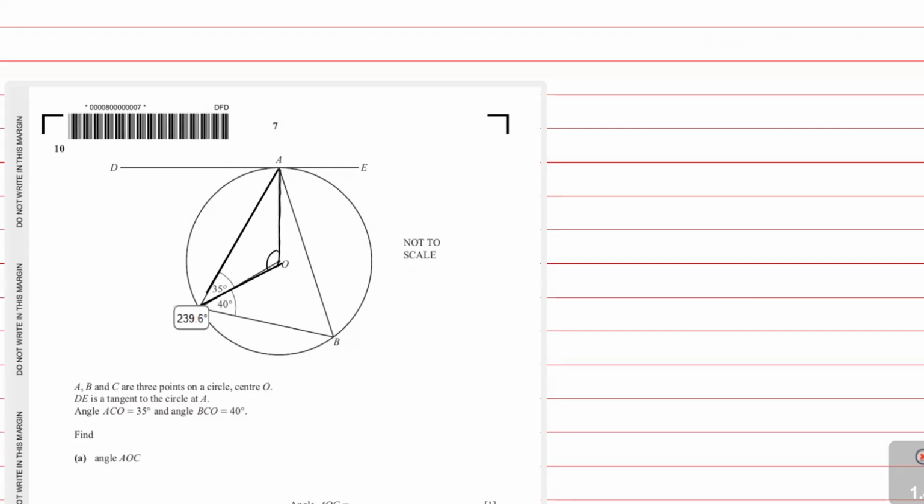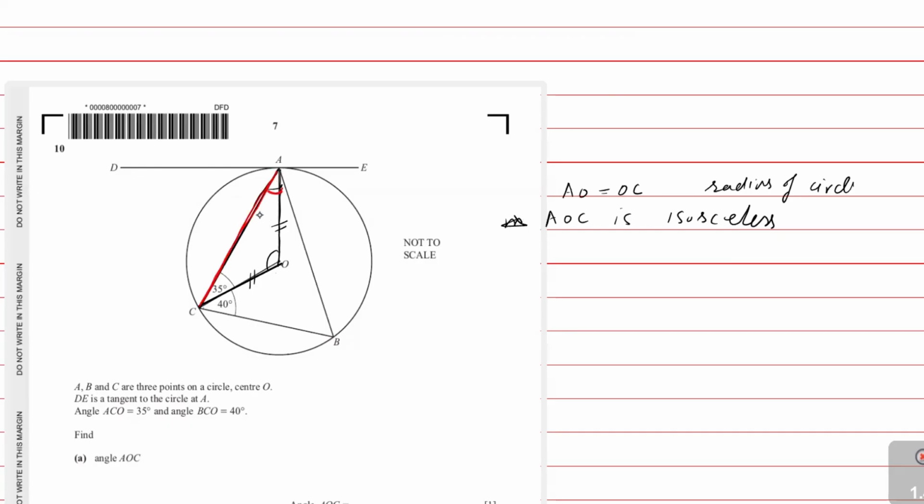In this triangle, look here, the side OC and AO are equal because these are radius of circle, and therefore triangle AOC is isosceles. In isosceles triangle, the angles on base are always equal. Look here, this is the base, and the angles on base are always equal.